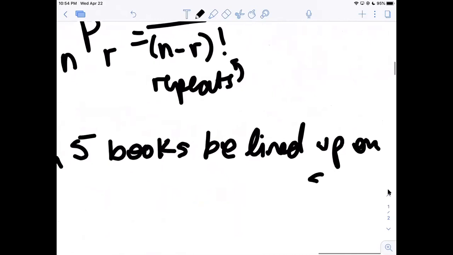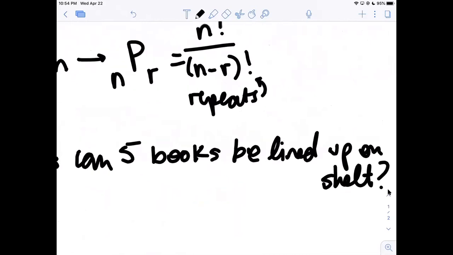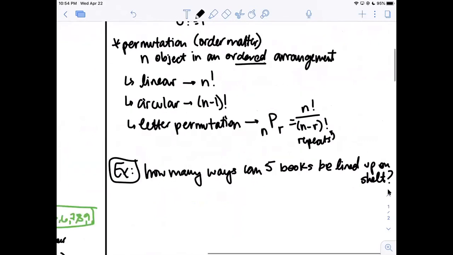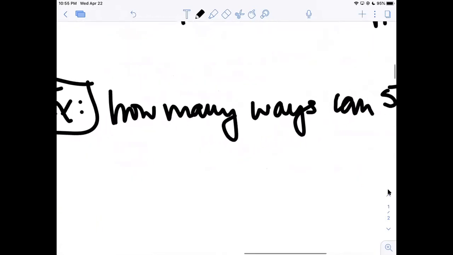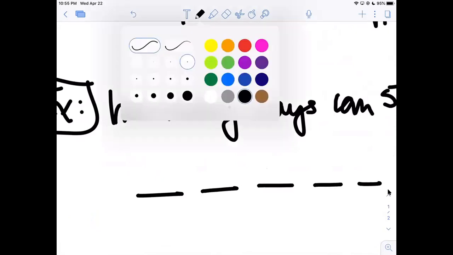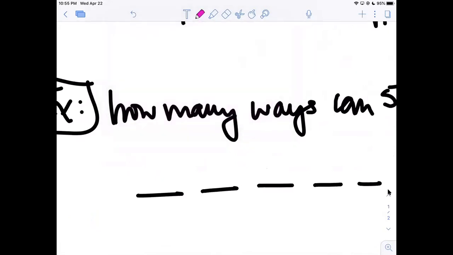This is an example of the linear one because you're just putting them in a straight line. So if I have 5 books, I've got 5 spots, 1, 2, 3, 4, 5. How many options do I have to pick for the first book? You have all 5. You haven't picked any books yet, so you've got 5 options.